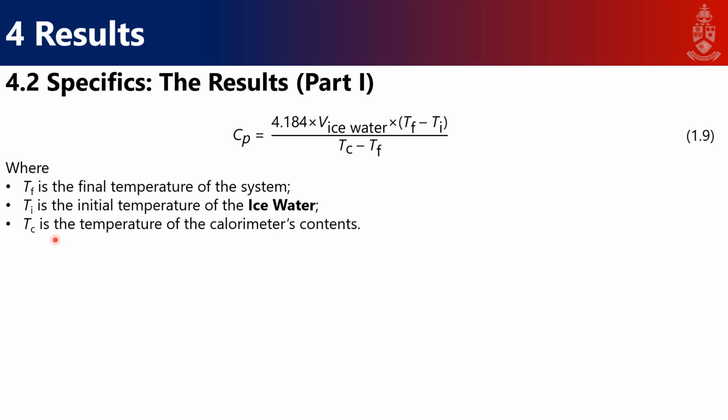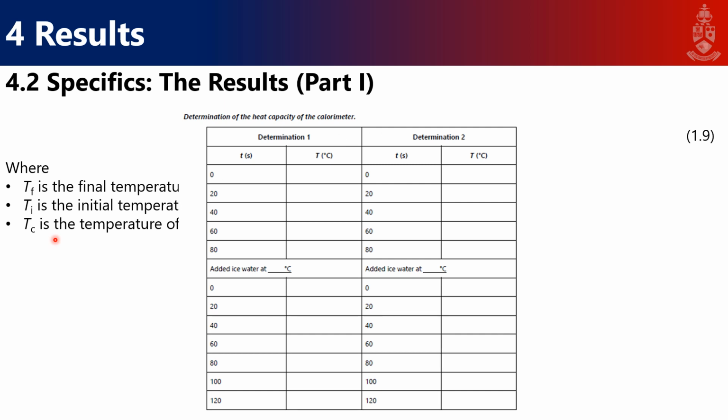If you did not follow that, here is your table. Remember, in your fill-in sheet, this is what you saw. Tc is all these values, because you're going to carry this one over to there, and this one over to there. Next, your Ti values are the ones from the measuring cylinder, your ice water temperature.